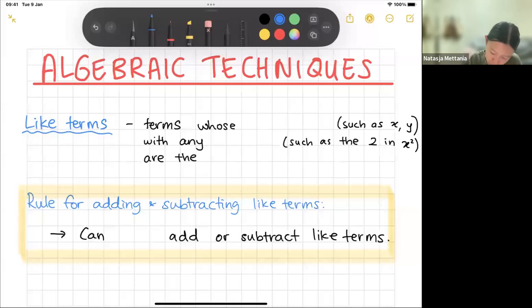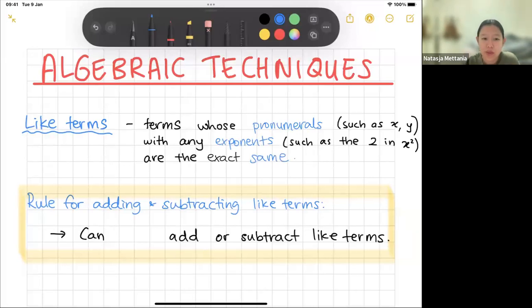Formally, the definition is: terms whose letters, which are pronumerals, such as x and y, with any exponents, which are the powers, such as the 2 in x squared, are the exact same. Okay, those are like terms.